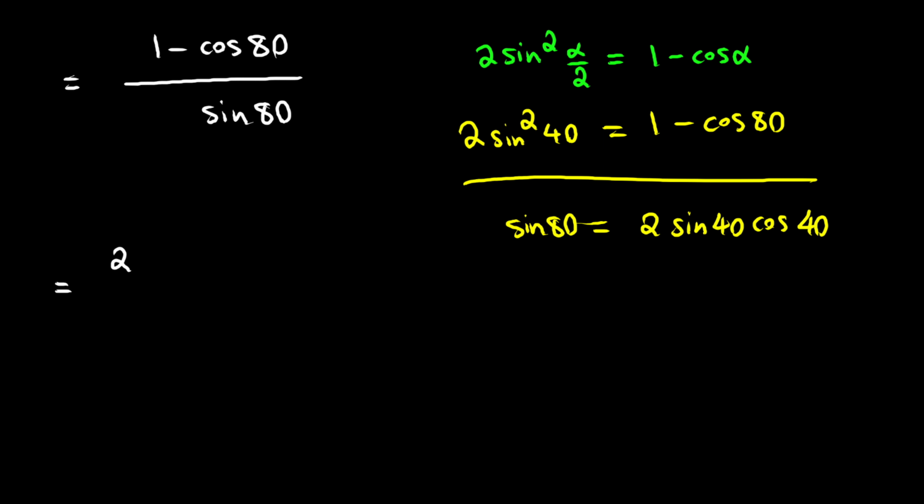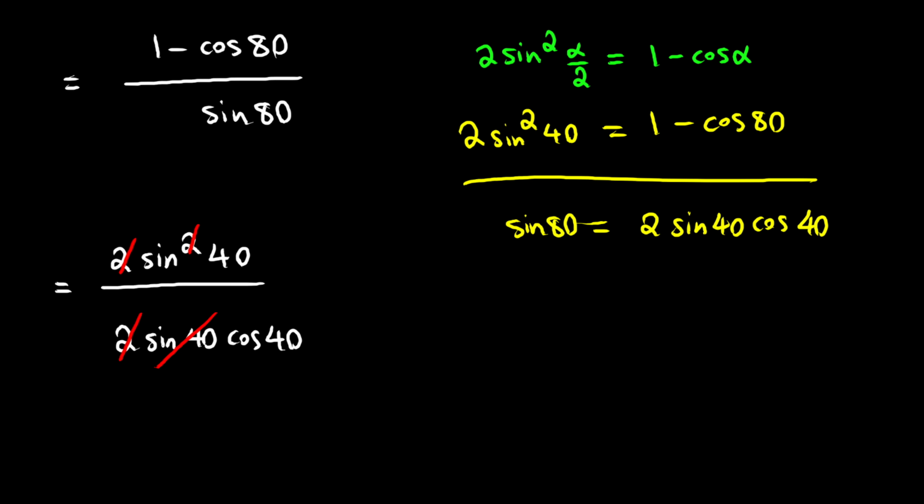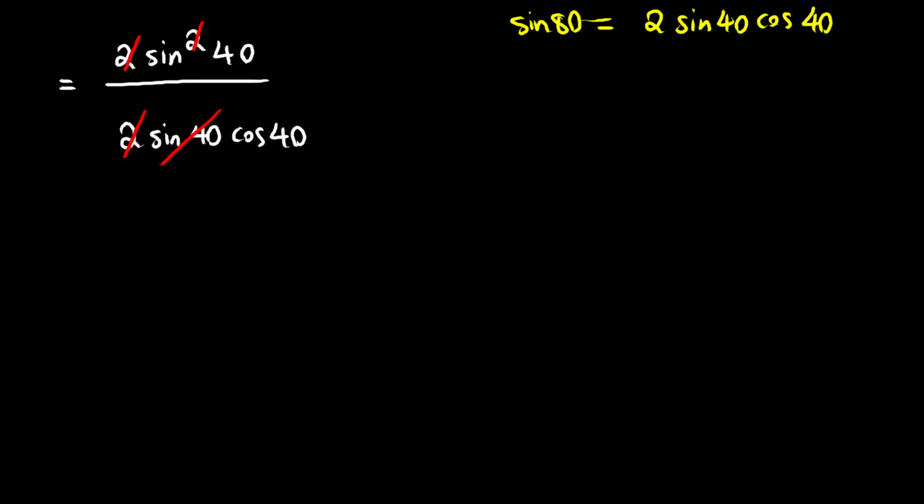So we will have 2 times sine squared of 40 divided by 2 times sine of 40 times cosine of 40. So this 2 will cancel with this 2, and we will have sine of 40 divided by cosine of 40, which equals tangent of 40.